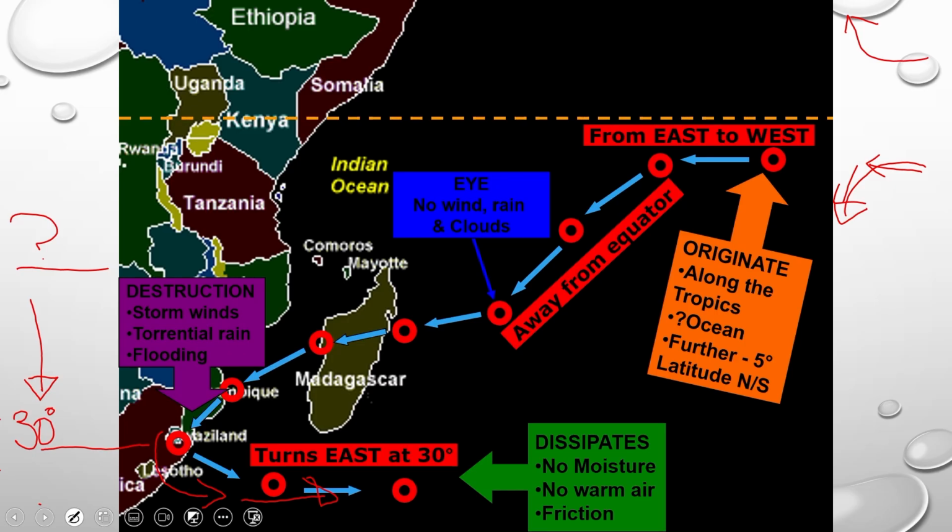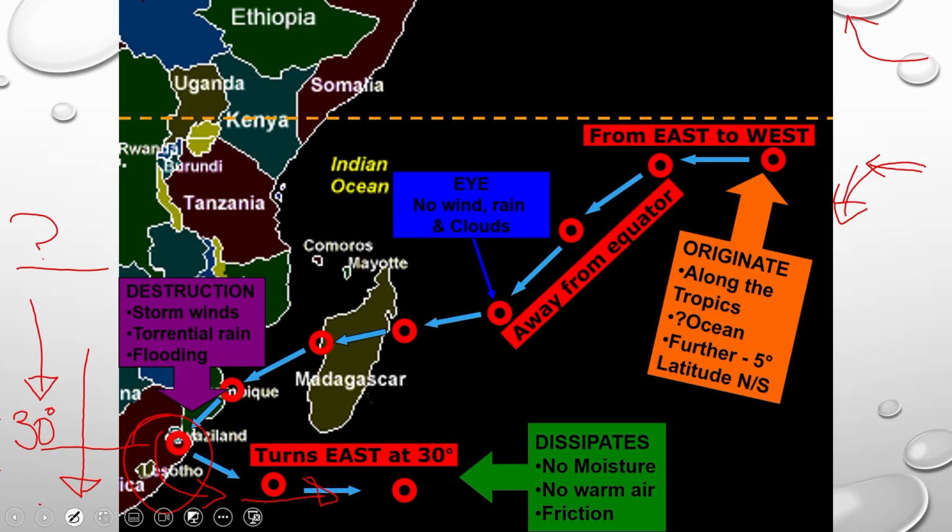The life cycle will come to an end and dissipate. Reason being, these latitudes being colder as you go down, they'll have less moisture because cold oceans don't have as much evaporation capacity as warm oceans. So there'll be less moisture and no warm air, and therefore reduced latent heat, meaning the heat that it was using to rotate or circulate will no longer be there.